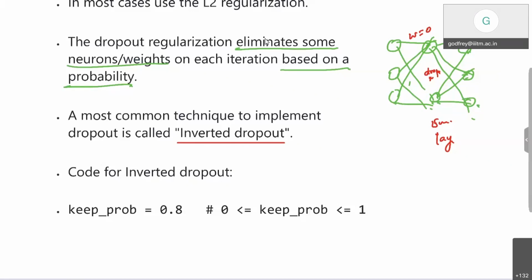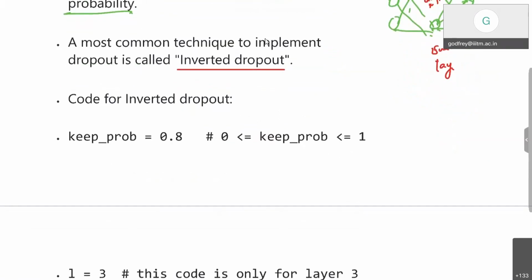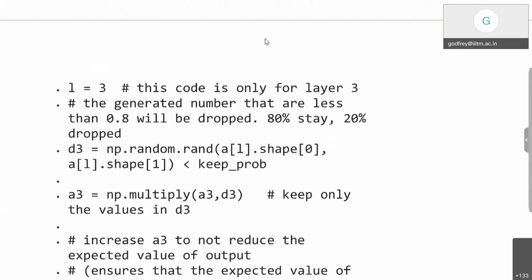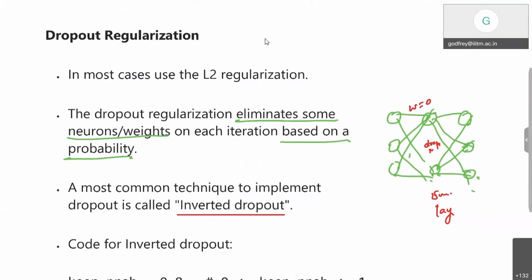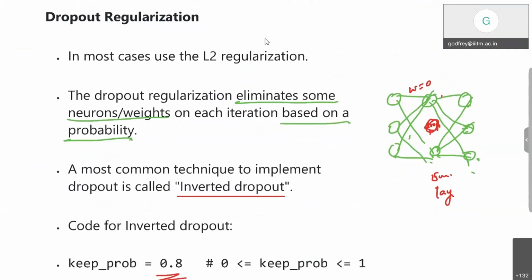So in inverted dropout, you try to find out what should be a set of activations. Instead of physically removing a neuron, you have these neurons in place, but you try to find out which activations in this layer should be masked and which should not be masked.